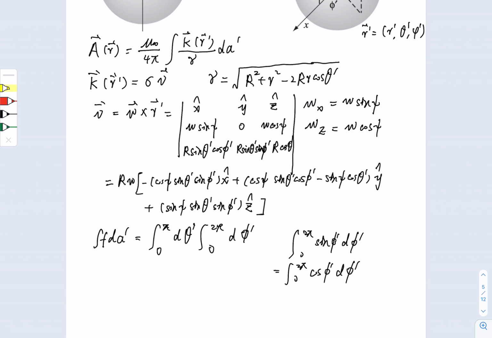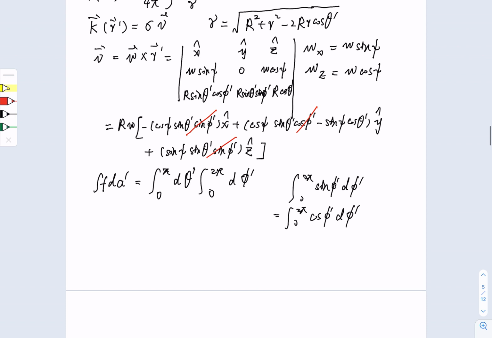That helps us eliminate this term, and also the term here, and the term here. As you can see, there is actually only a single term remaining.